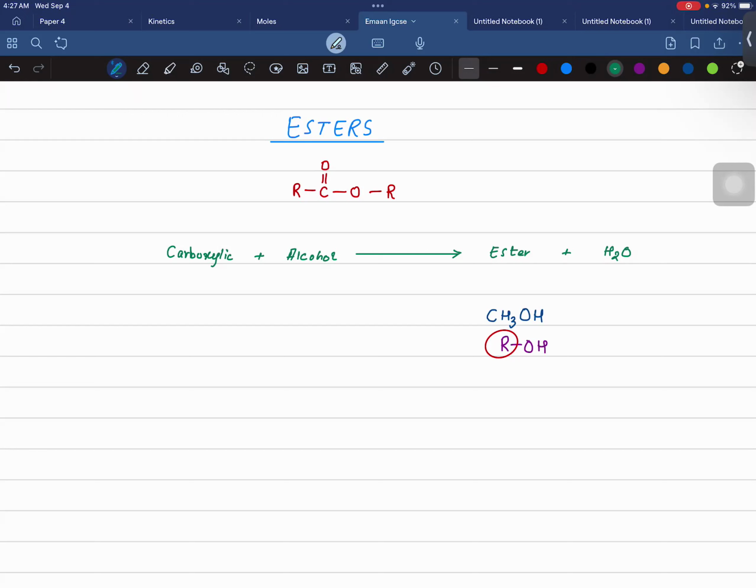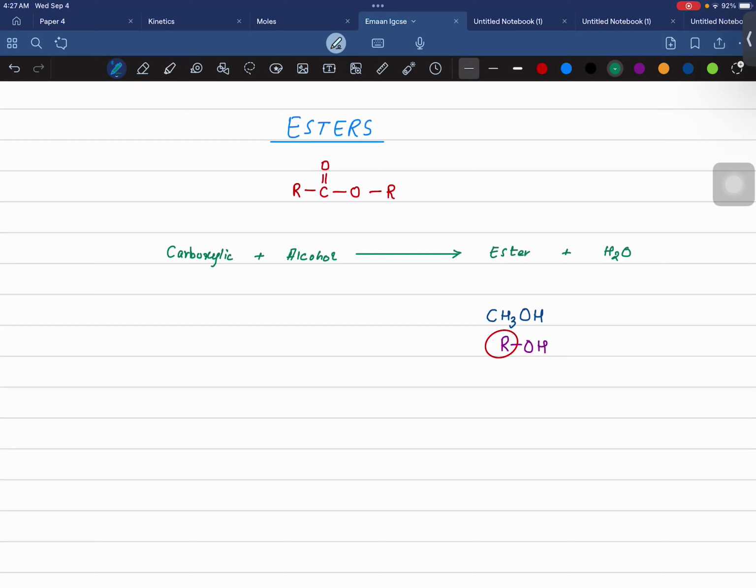Let's suppose this is a simple carboxylic acid, methanoic acid, and this is methanol, that is CH3OH.